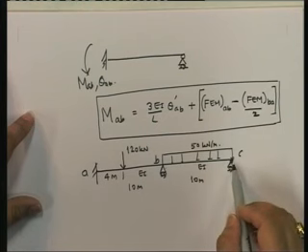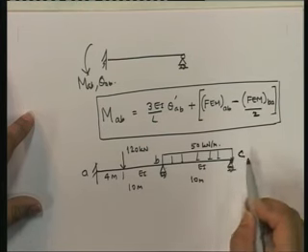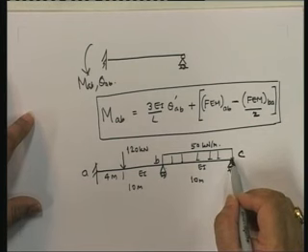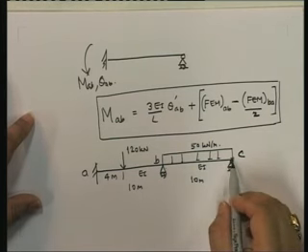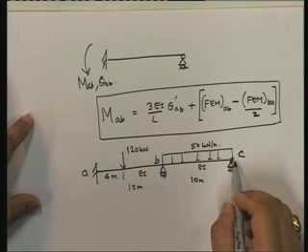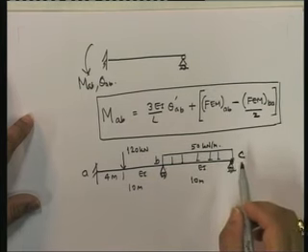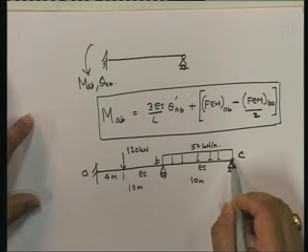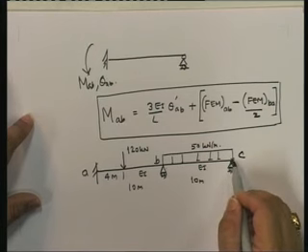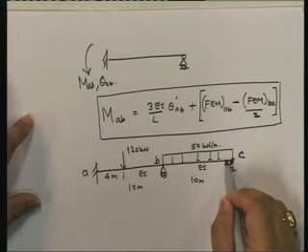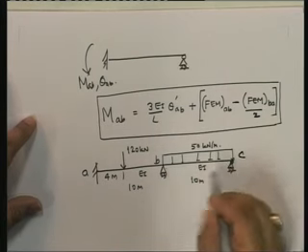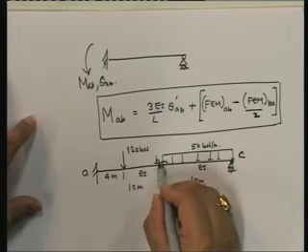So at an end support, what do we have? We have moment, we know that moment is equal to 0. Remember, we had applied that moment at C is equal to 0 as one of the equilibrium equations.